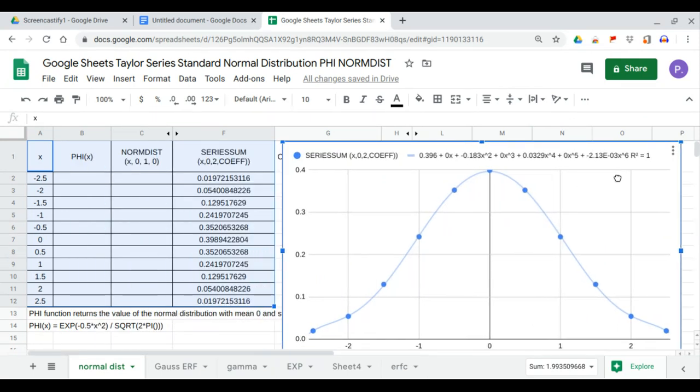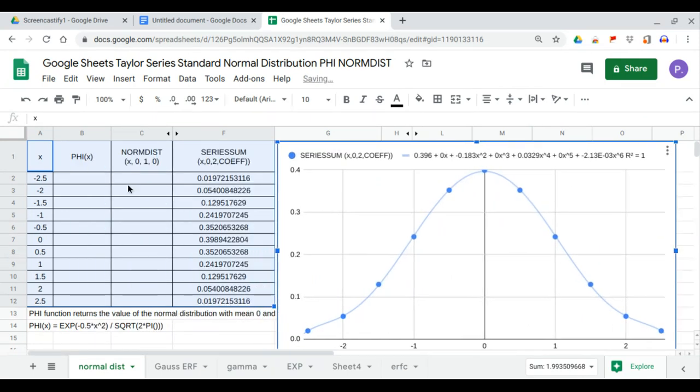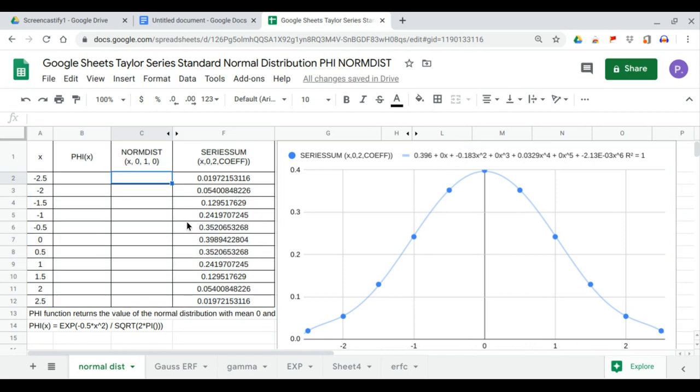And from here we can enter the normal distribution, which is our formula, NORMDIST of the x values. 0, that's our mean. 1 is our standard deviation, and 0 because we're using the normal distribution.